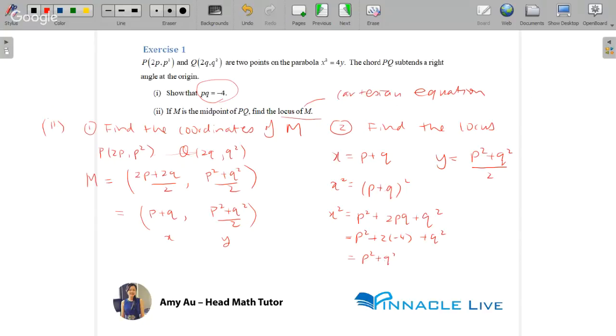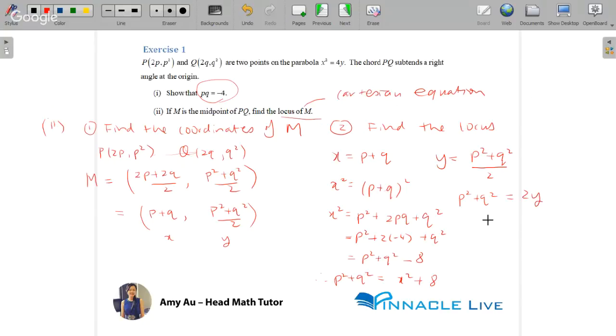So p squared plus q squared minus 8. Okay, so that means p squared plus q squared is x squared plus 8 if you move the 8 to the other side.